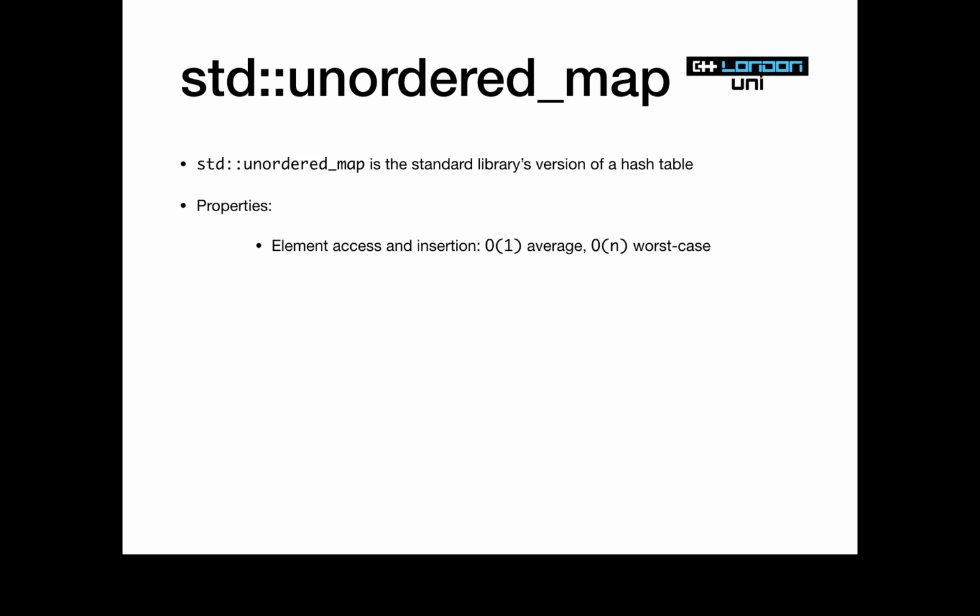For an unordered map, on average it's faster, but sometimes it's really slow. So for a map, it's pretty fast all the time. For an unordered map, sometimes it's very fast. Very occasionally, it can be very slow.